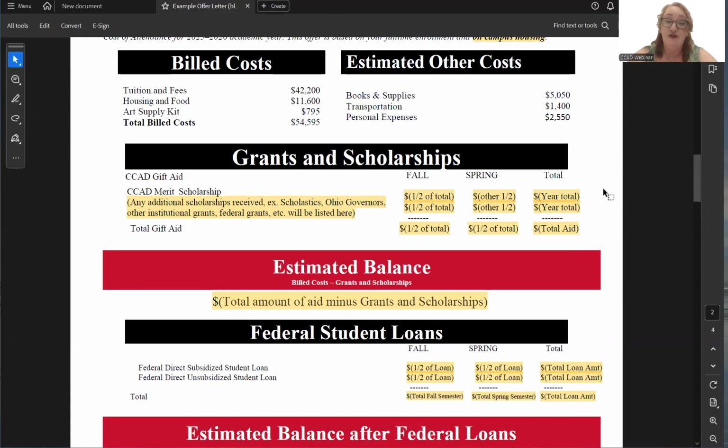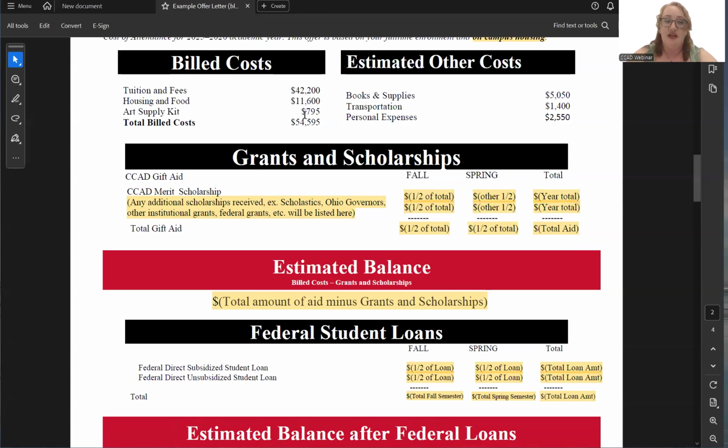Now, if you have received any additional scholarships, maybe you were in the Scholastics event or Ohio Governor's Art Exhibition, or maybe you got an institutional grant, maybe you received federal grants for doing FAFSA. Those numbers will be listed here as well as split in half again for the fall semester and spring semester.